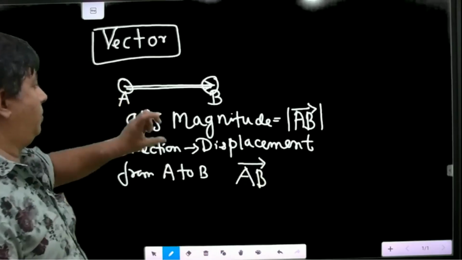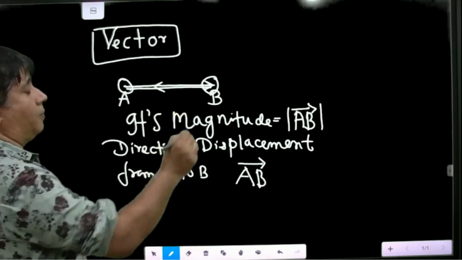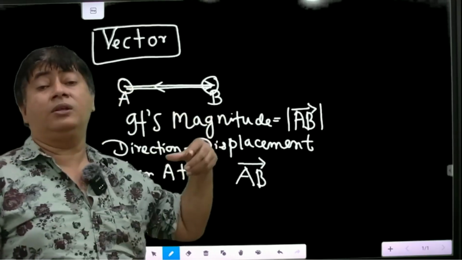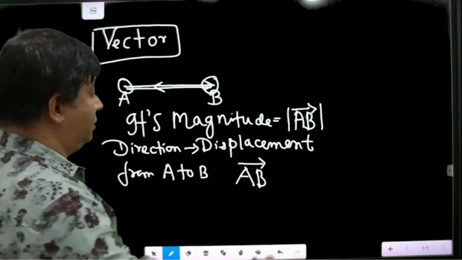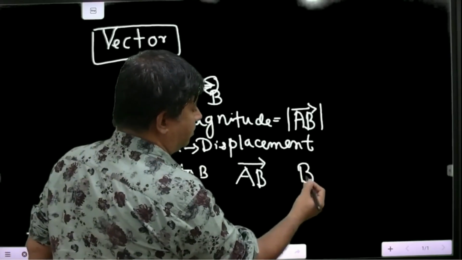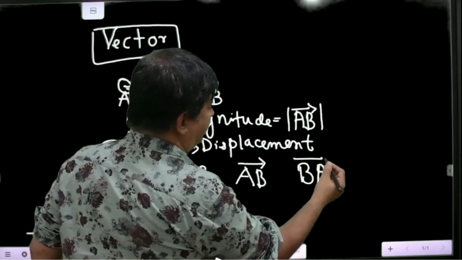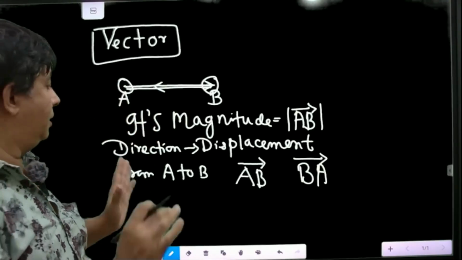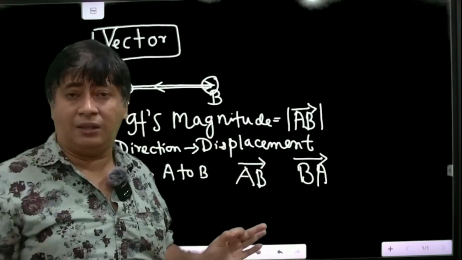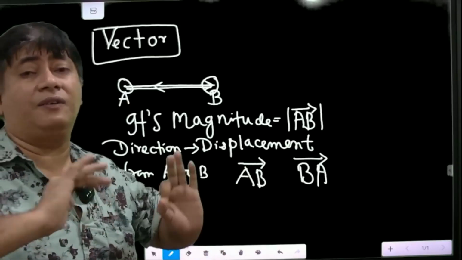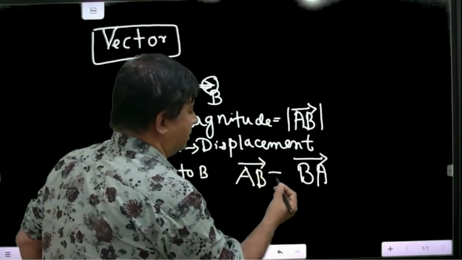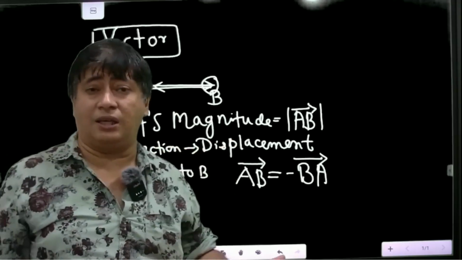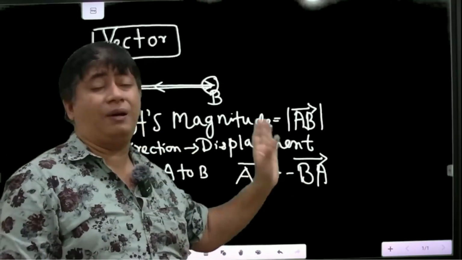So, if you reverse the arrow sign, means if you reverse the direction, it will become B to A. The question is, will there be any change in that? If I revert the direction, yes, I can put a minus sign. See, if I change the direction, then I can put a minus sign.